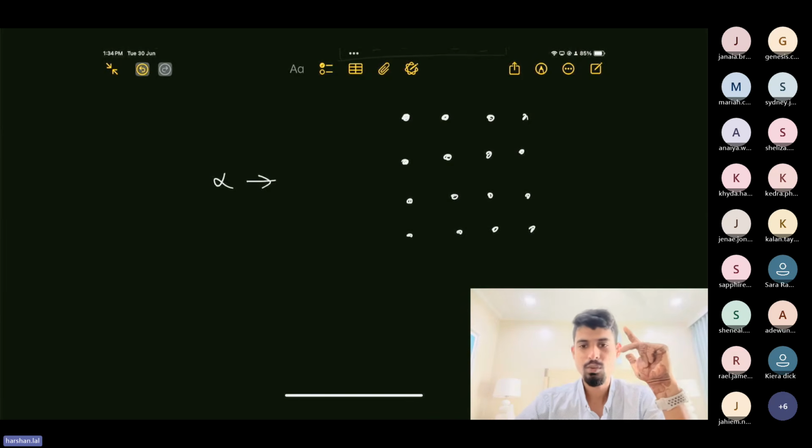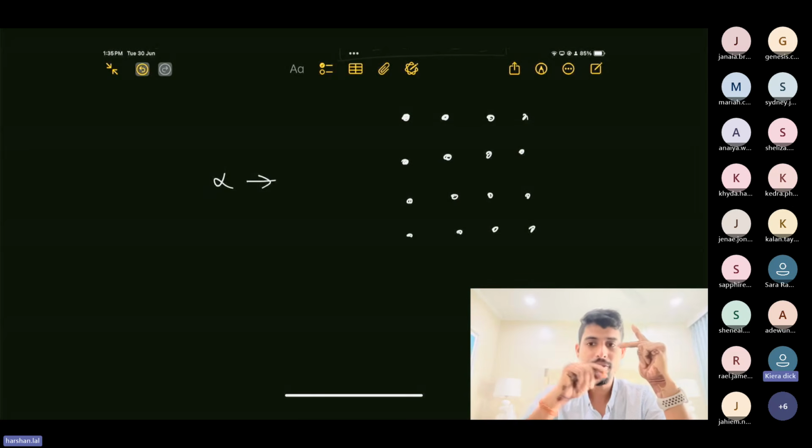Towards the right or towards the left? The middle finger is the direction of the current, right?